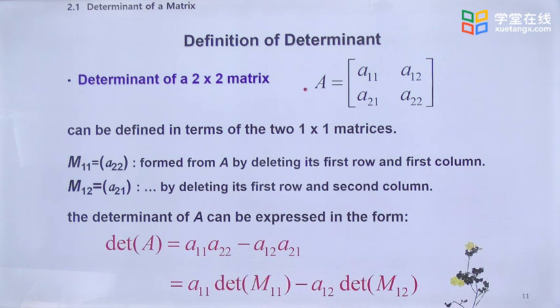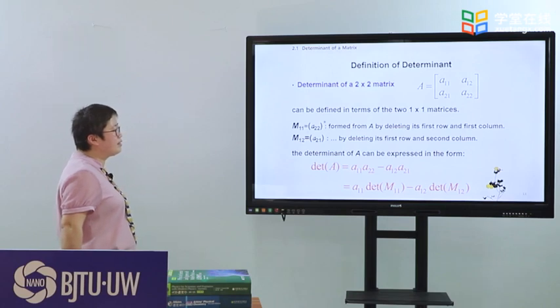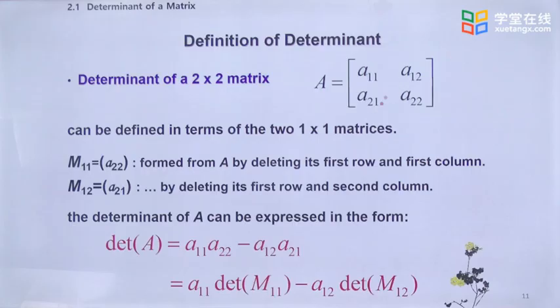Similarly, we denote M12 as the submatrix obtained by deleting its first row and second column, which gives you this submatrix, A21. And the determinant of A can be expressed in this form.